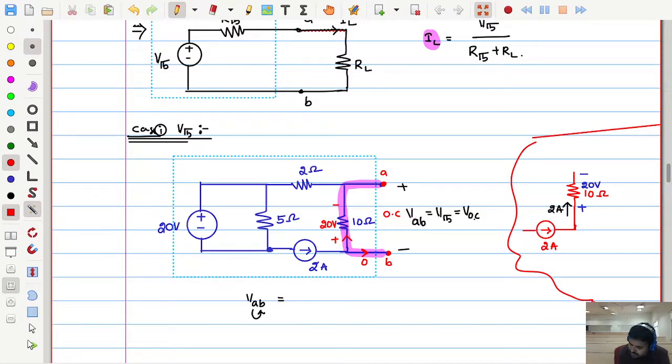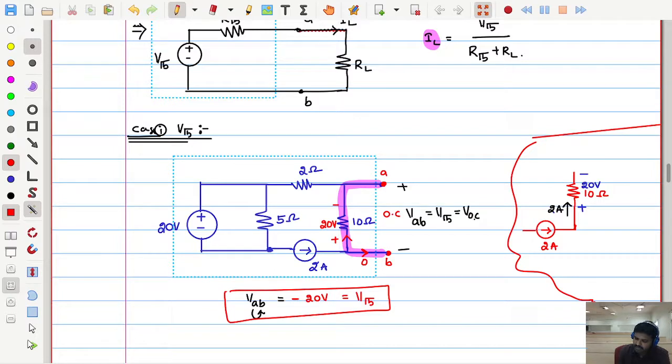Check it. What is the AB polarity? A is positive, B is negative. But the actual voltage is A side negative, B side positive. That means I will get negative 20 volts. This is the Thevenin's voltage VTH. Here many people make a mistake, so you need to take care.